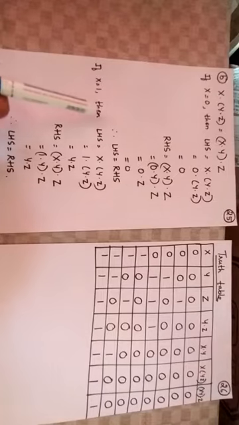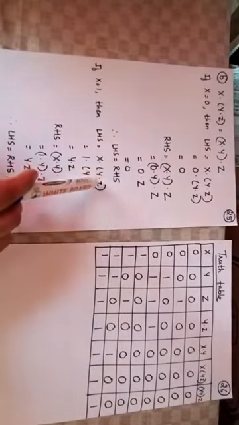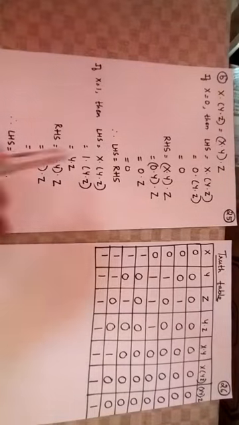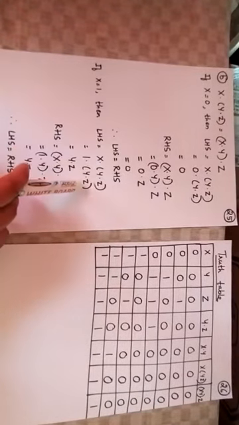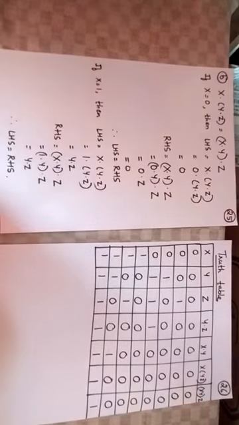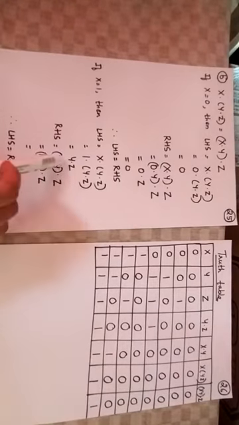Next, if x equals 1, then take the left hand side. It says (x · y) · z. Replace the value of x with 1. So it is (1 · y) · z, which results in y · z because of properties of zeros and ones. Take the right hand side. It is again x · (y · z). Replace the value of x with 1. Solve the parenthesis first.